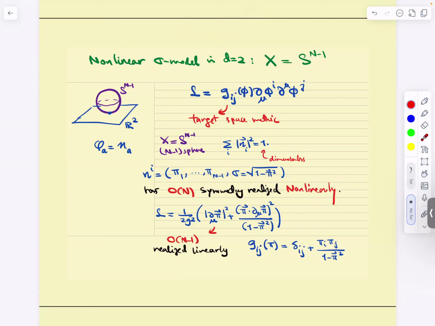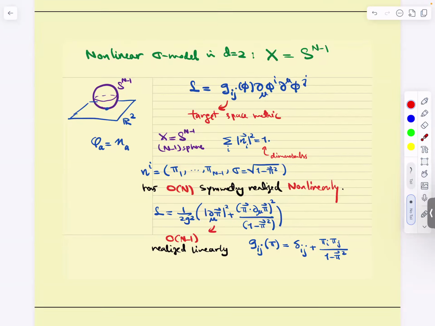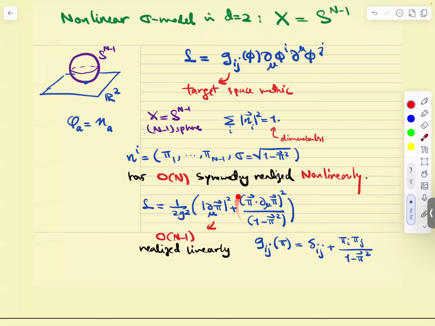Once you write it in terms of the metric, this is what the Lagrangian looks like. The O(N-1) subgroup of O(N) is realized linearly. However, there's this bit that shows interactions, right? And that's coming from this metric on the sphere.